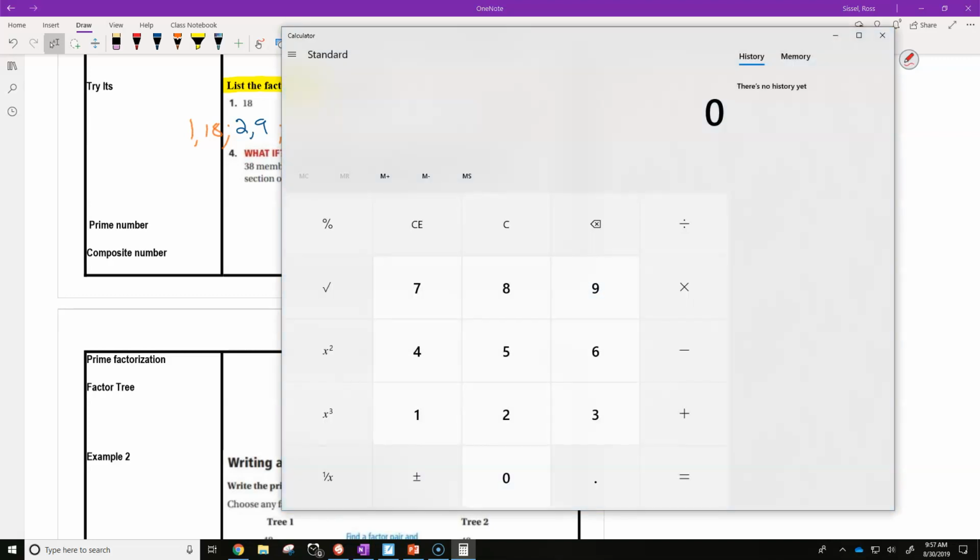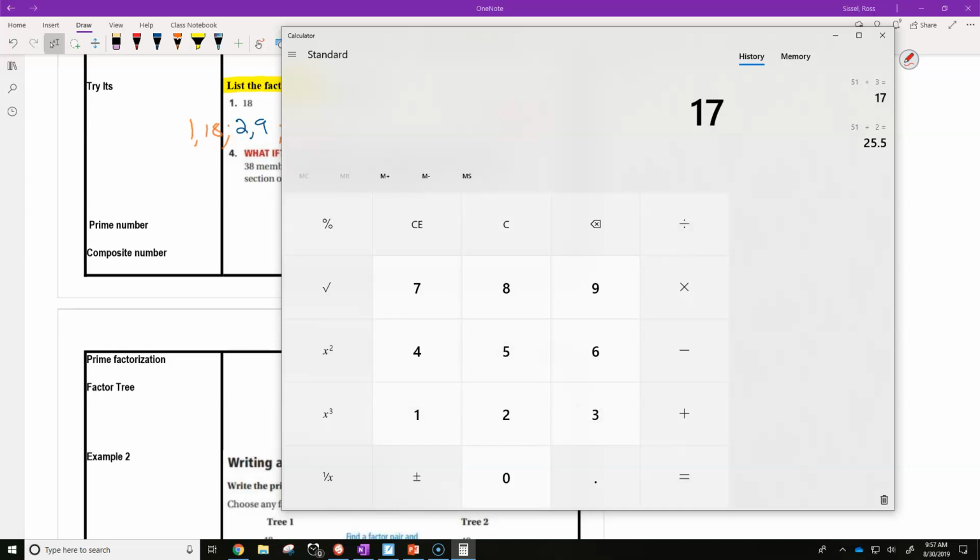Okay, what I'm doing is I'm showing you how you can be getting help, because this one's kind of tricky, right? And so people are still, I don't know if they're real comfortable with it. So, I'm looking for factors of 51. I did 51 divided by 2. Does not work. So I know 2 is not a factor. 51 divided by 3.